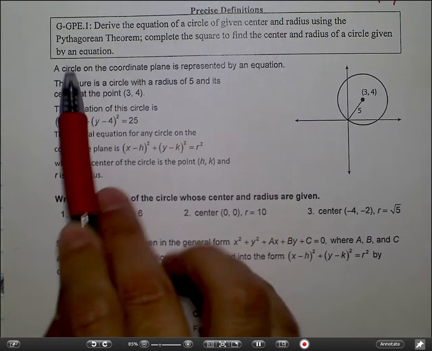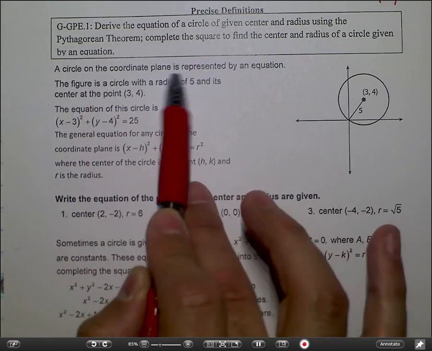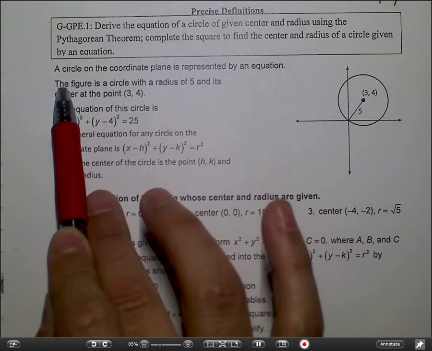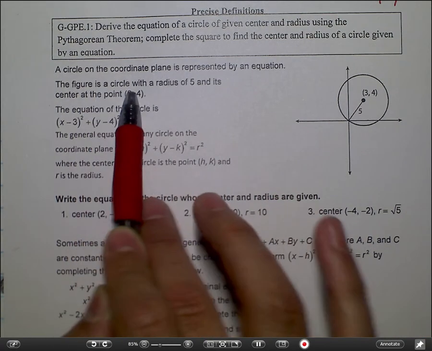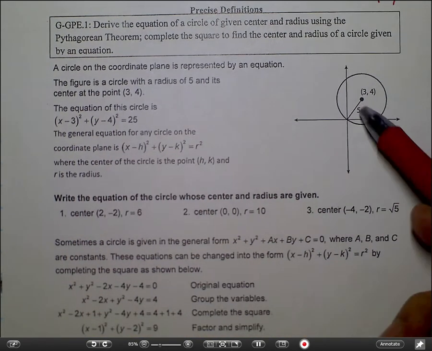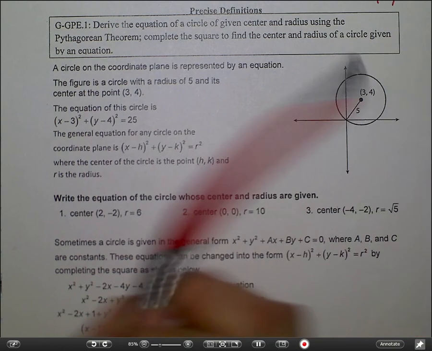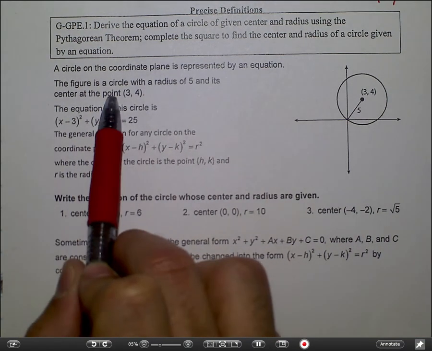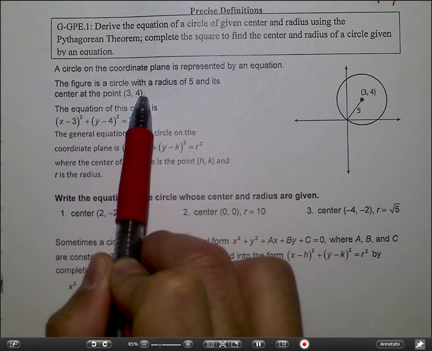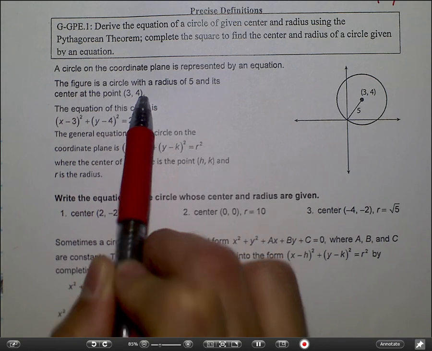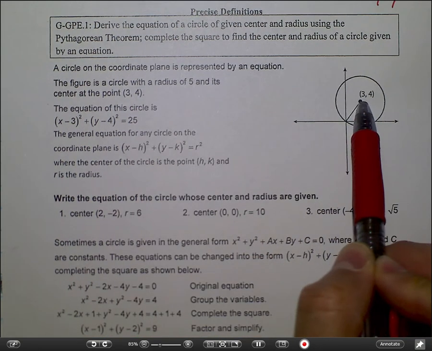It says a circle on the coordinate plane is represented by an equation. The figure is a circle with a radius of 5, and its center is at point (3, 4). So that's the center of the circle.